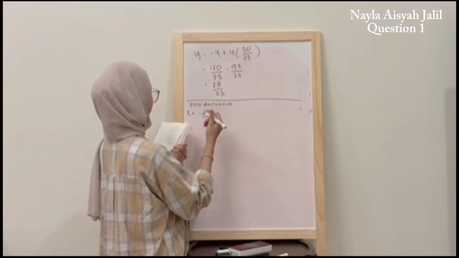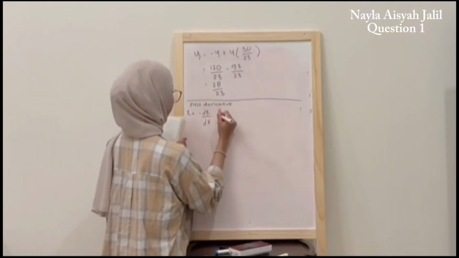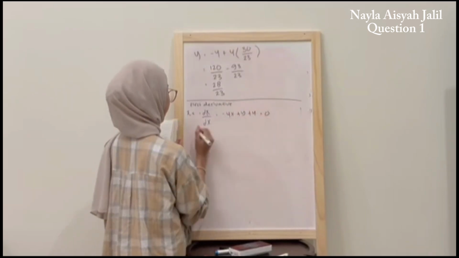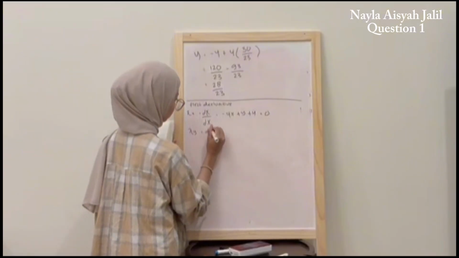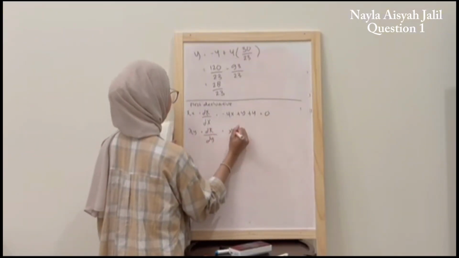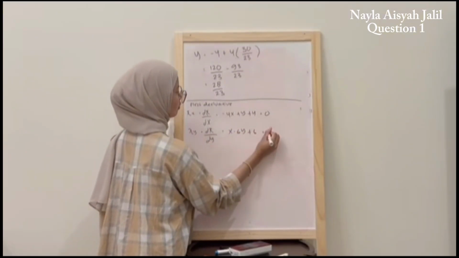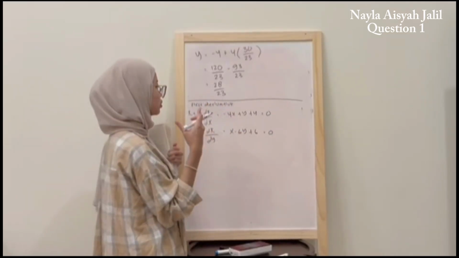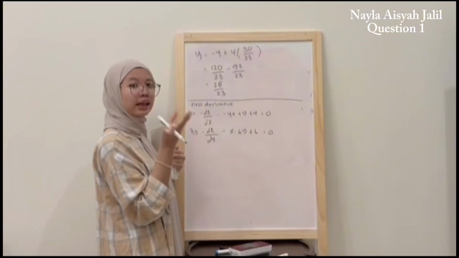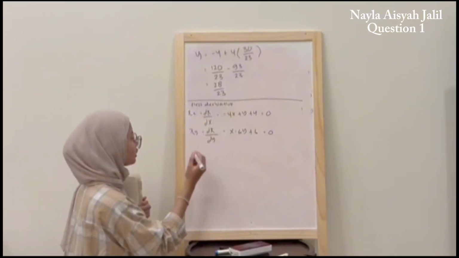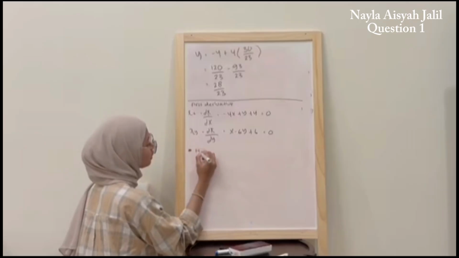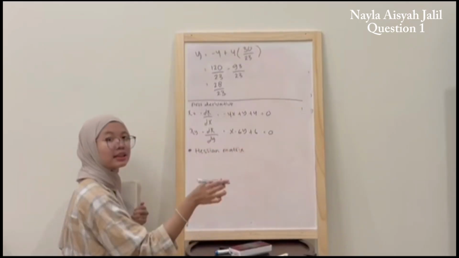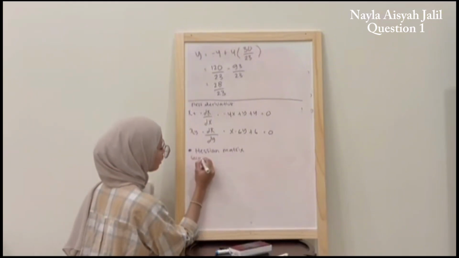So I write the first derivative again. So this is the first derivative partial. So we want the Hessian matrix using the second derivative partial.